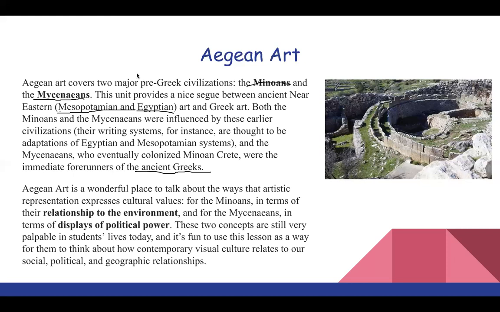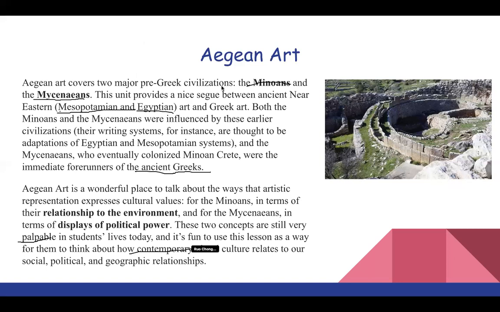And then we'll look at palpable. What does this mean? This means that you are able to detect or you're able to feel it in your life today. That is what palpable means. And contemporary.